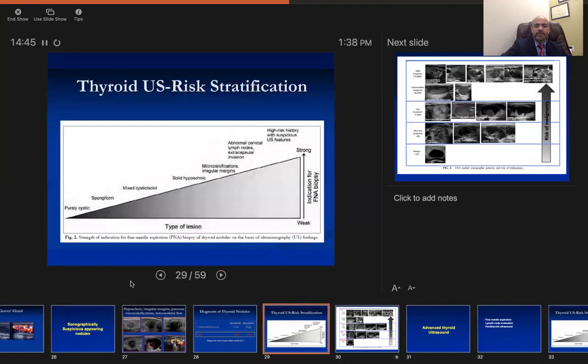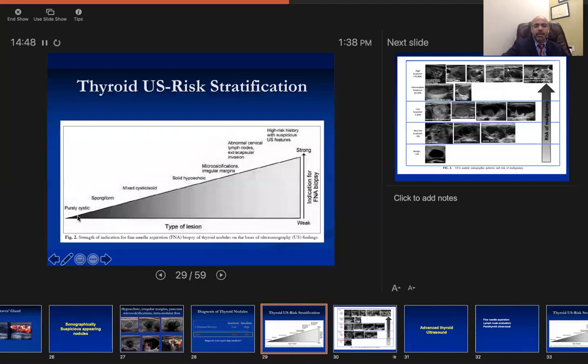So again, thyroid risk stratification: purely cystic, spongiform, mixed cystic-solid, hypoechoic, microcalcification. As you find features such as abnormal cervical lymph nodes, your suspicion increases and the FNA is indicated. Like in purely cystic, there is no need for performing FNA.